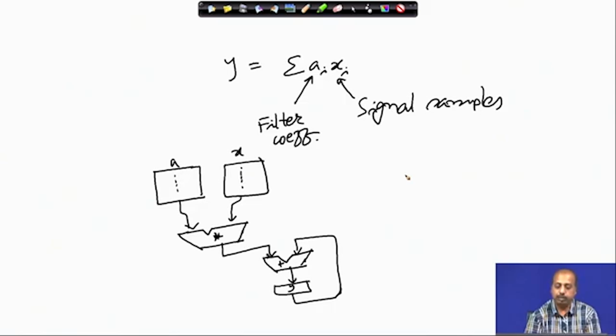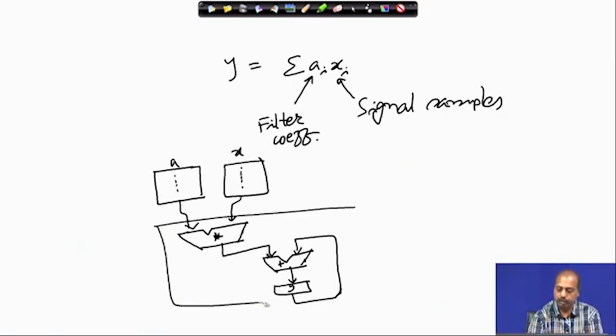So, in case of the ARM processor, one such module has been incorporated into the system. This is called the multiply accumulate unit. It will multiply the successive data items coming from a i and x i, and accumulate the values in the y register.